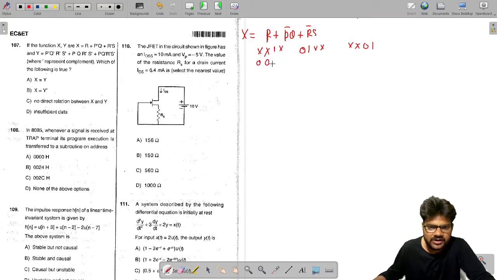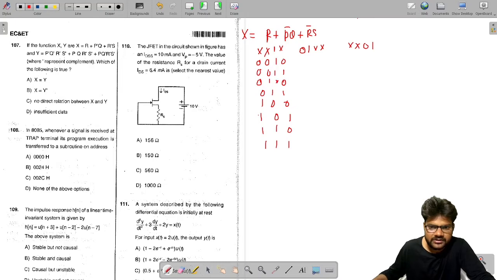Let us write them down. So 0 0 0, 0 0 1, 0 1 0, 0 1 1, 1 0 0, 1 0 1, 1 1 0 and 1 1 1. So these are 8 possibilities, and 1 is always there.